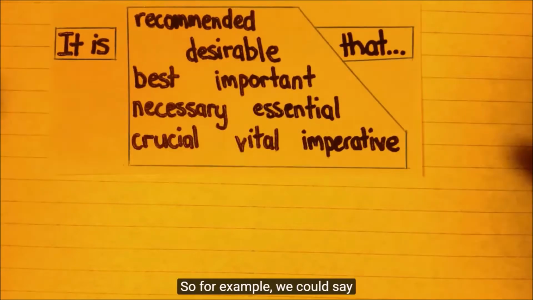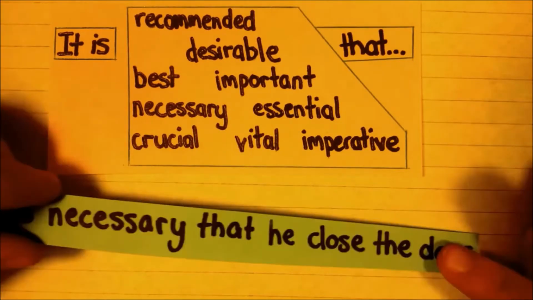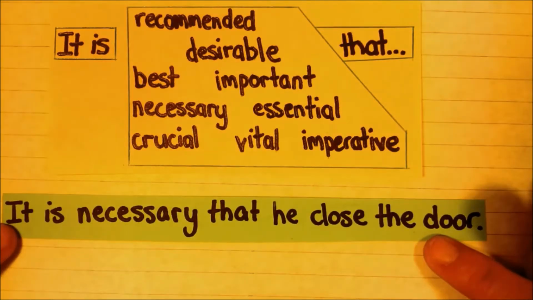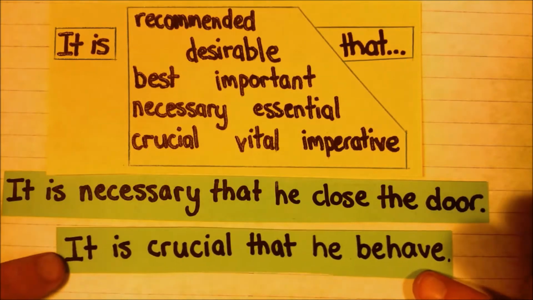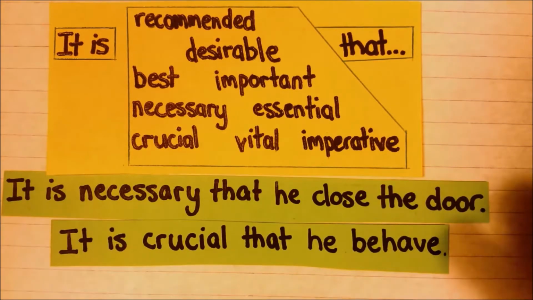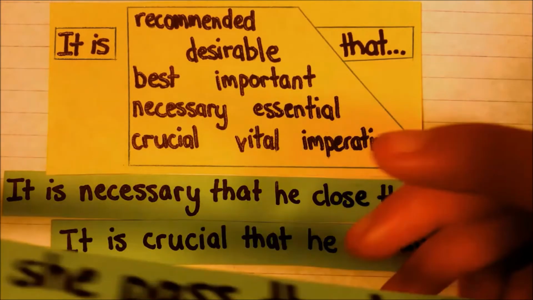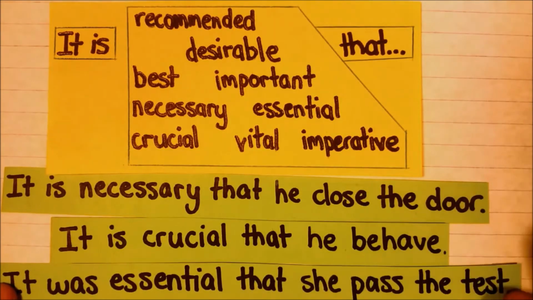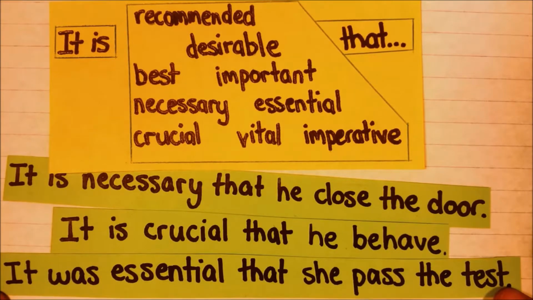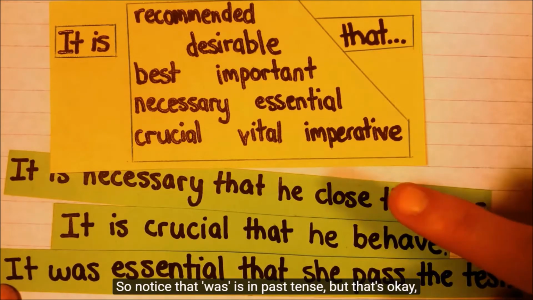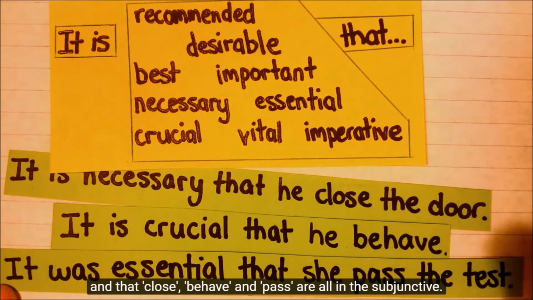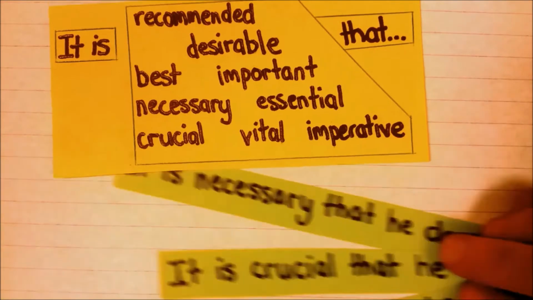So for example, we could say, "It is necessary that he close the door." Or, "It is crucial that he behave." Or, "It was essential that she pass the test." So notice that "was" is in past tense, but that's okay, and that "close," "behave," and "pass" are all in the subjunctive.